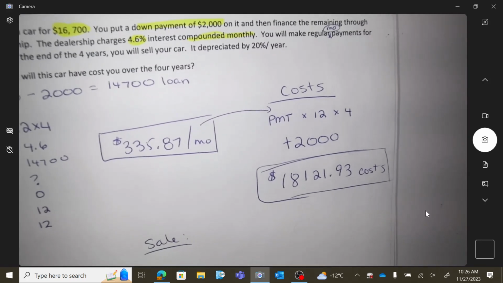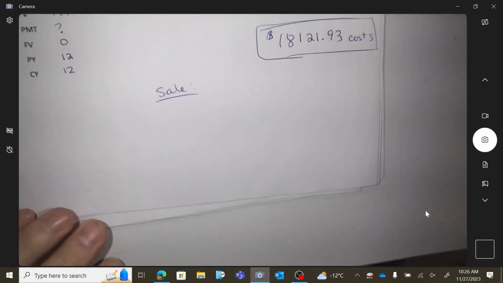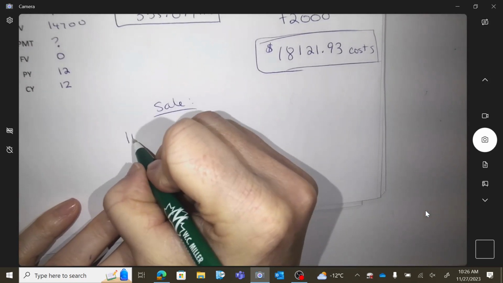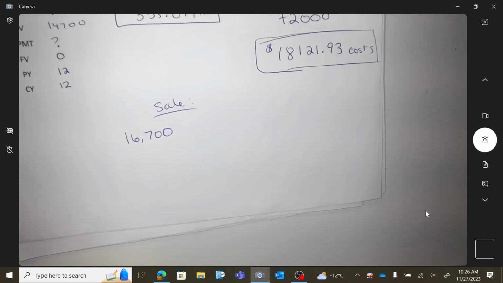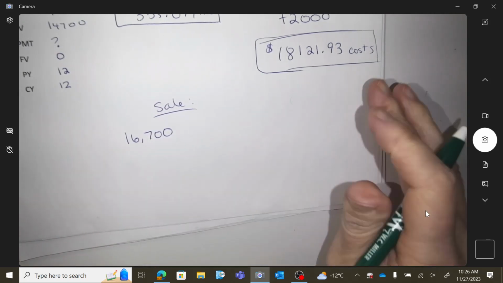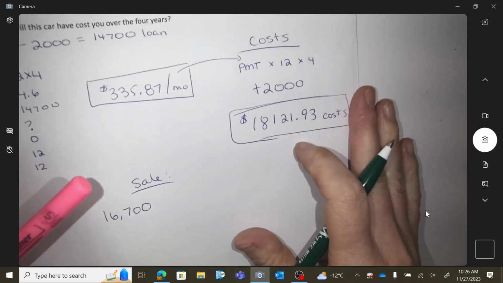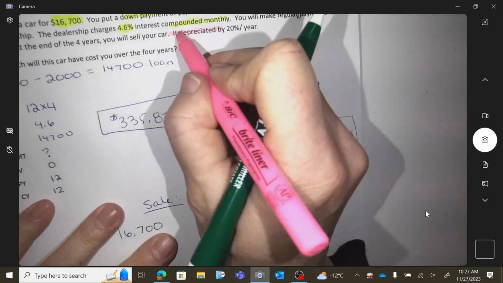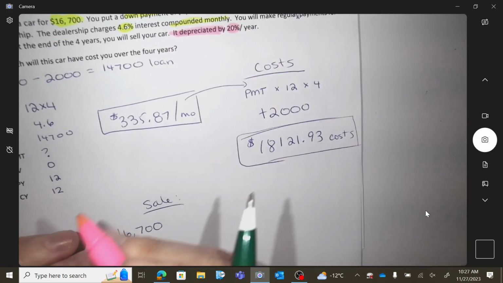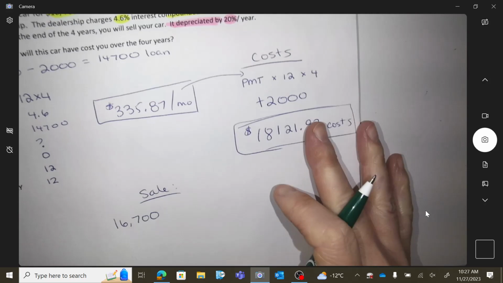So let's talk about the sale of our car. So remember when you bought your car, it was worth $16,700. And it depreciated 20% every year.